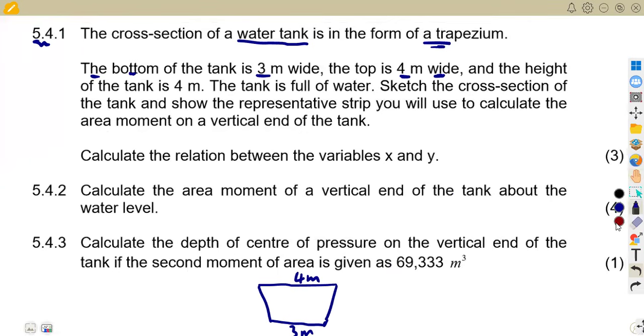So then we're given the height of the tank, which is our trapezium. The height of the tank is the one that we're talking about there. The tank, the trapezium, this one. So it is 4 meters.